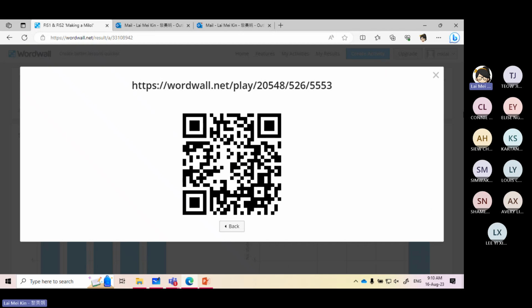There's also a QR code. If you can't access the link, you can use this QR code. Just quickly drag and drop. You cannot use so much time, just 1 minute. Remember to put in your student ID because I will trace who participated and who did not.